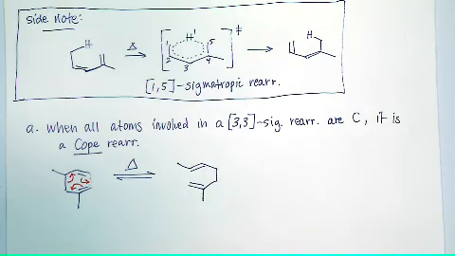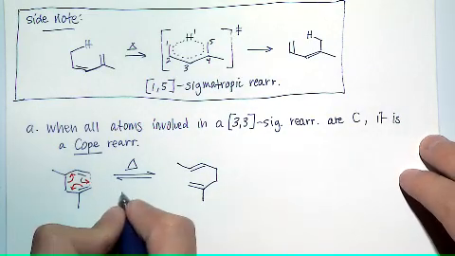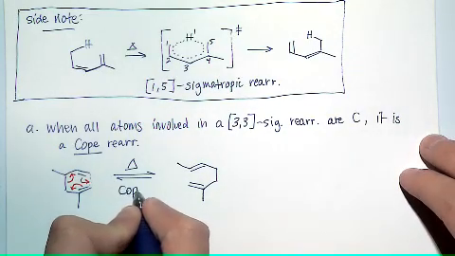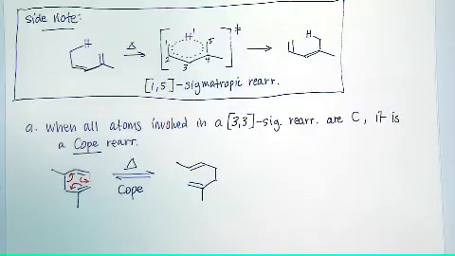So we've got that same arrangement of atoms, but just the bonds have been switched around a little bit. So that's a Cope rearrangement.